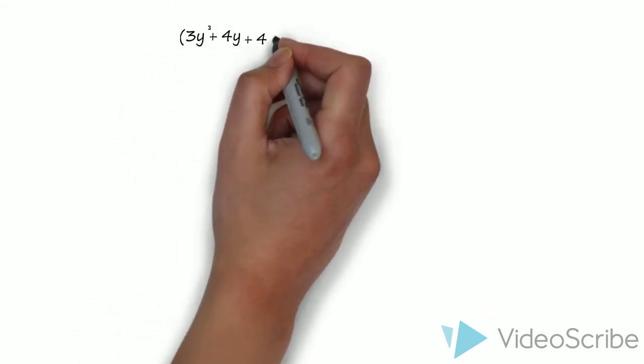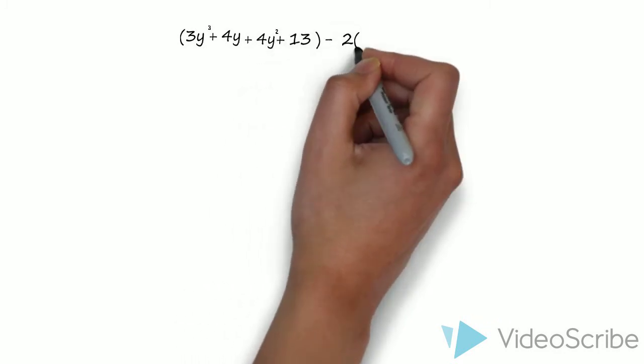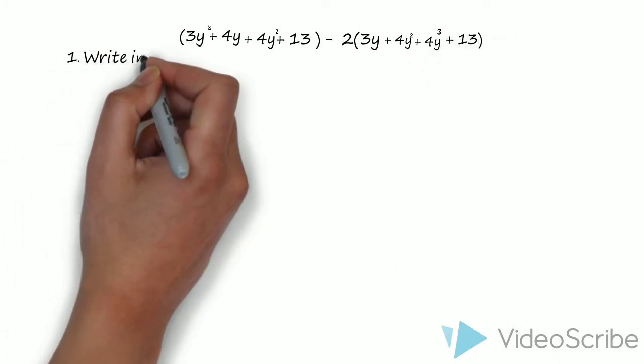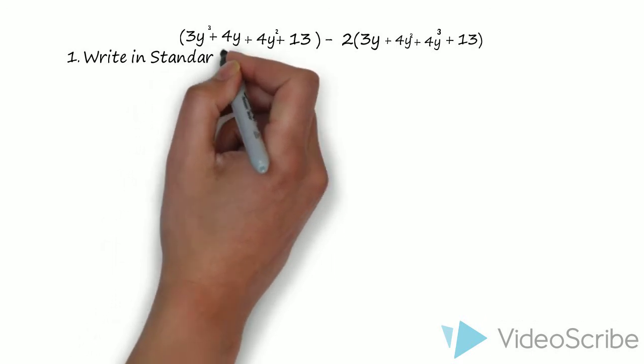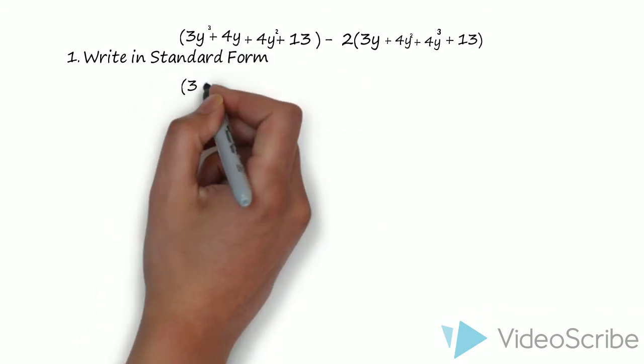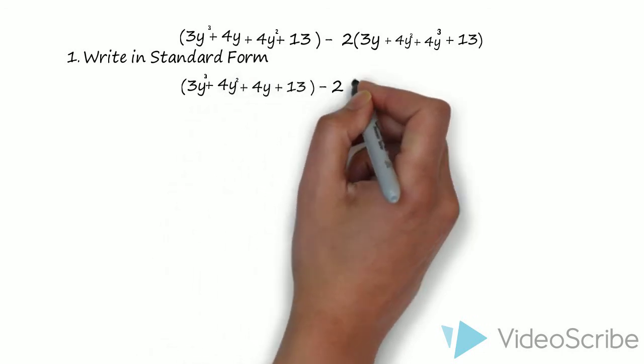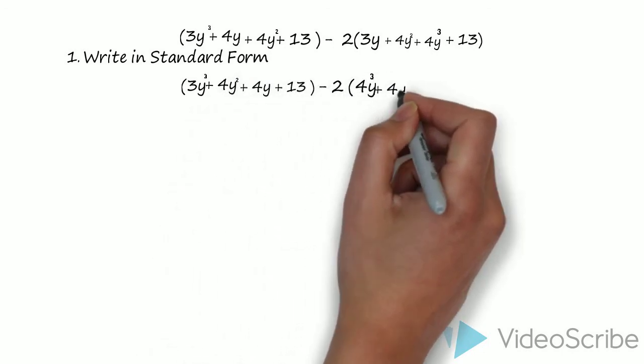Let's take another example for subtracting polynomials. Here is the first polynomial, and this time when we're subtracting, we have a 2 with the negative. Again, we have to write it in standard form, and this time it isn't. So it becomes y cubed, y squared, y, and then the constant.